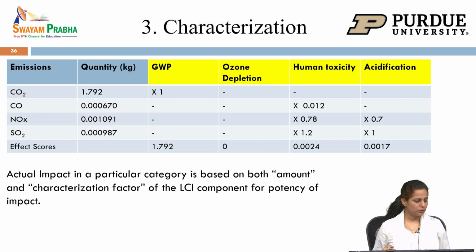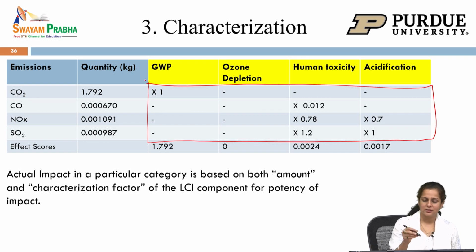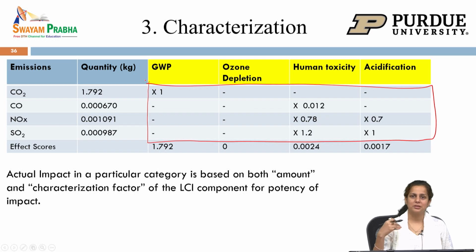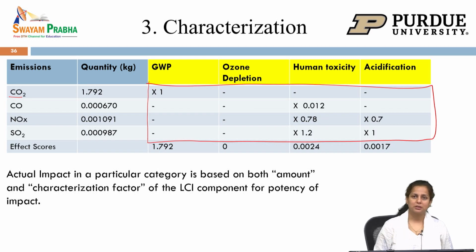And then what you are seeing here in this box is the characterization factors. Characterization factors tell how much is the contribution of per kg of your selected inventory into that category.